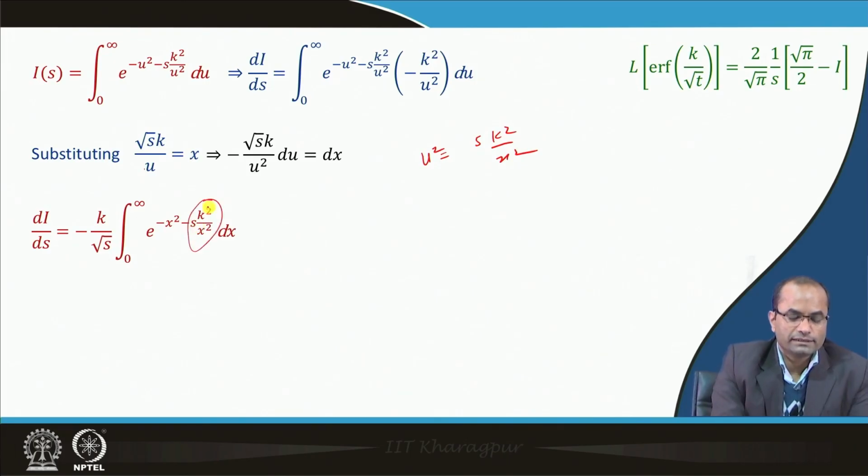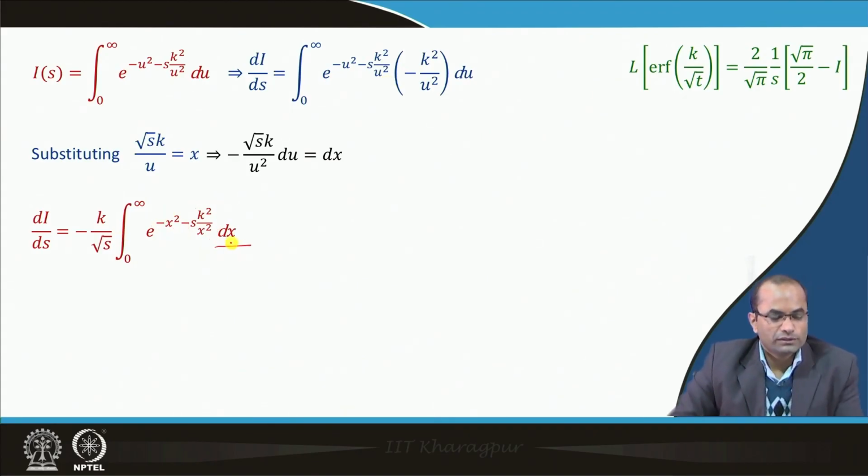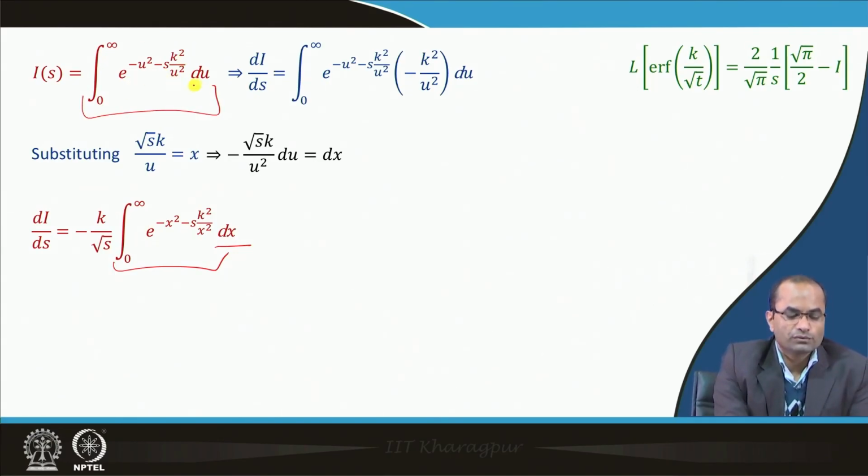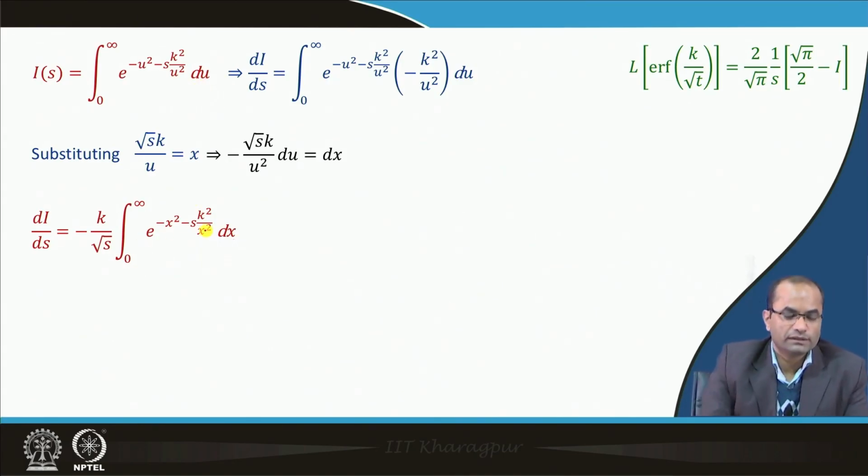So, we are there again s k square over x square with this minus sign, and the second term there will become x square, and then we have dx. So, what is interesting, that we are getting back to the same integral which we have started with, e power minus u square minus k square s over u square du. Instead of u there we have x, but the value of the integral is same. That means, we got again this I.